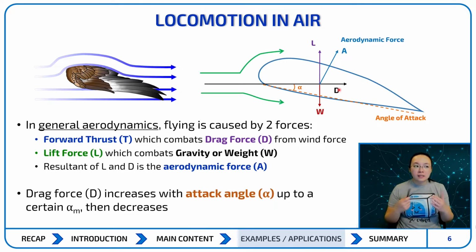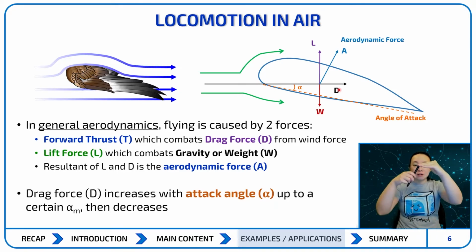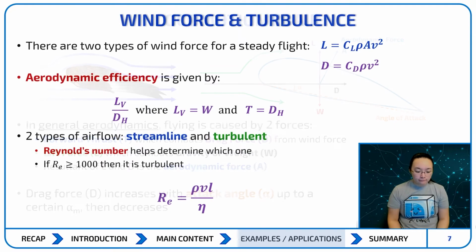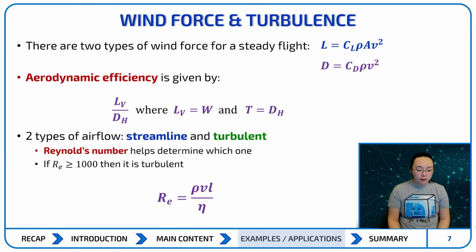So at some point though, whether it's here or here, completely perpendicular, at some point it reaches a certain maximum angle, and then your drag force decreases. So it kind of plateaus at a certain angle. But we won't focus on that in this course. Those would probably be best left for courses that completely focus on aerodynamics.